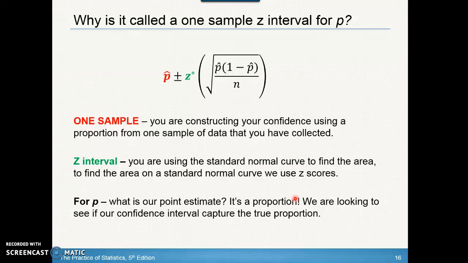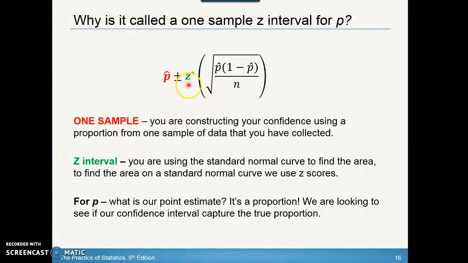All right, so why exactly is this called a one sample z interval for p? One sample, we're constructing our confidence interval using a proportion from one sample of the data that you've collected. If we were talking about the bead example from the very first slide, where we were estimating the proportion of red beads in the cup, you would take one of those samples, find the proportion of red beads from that one sample, and construct your confidence interval using that one sample.